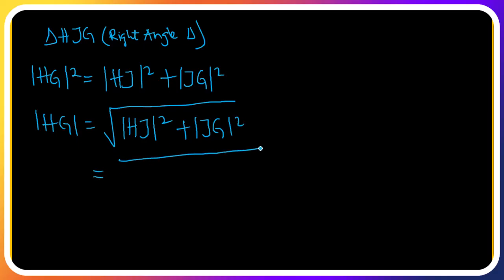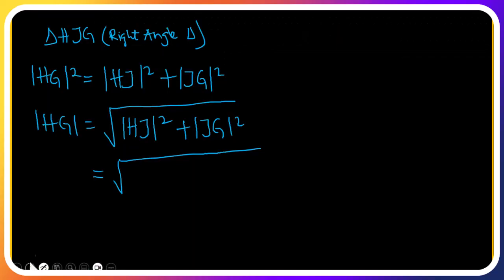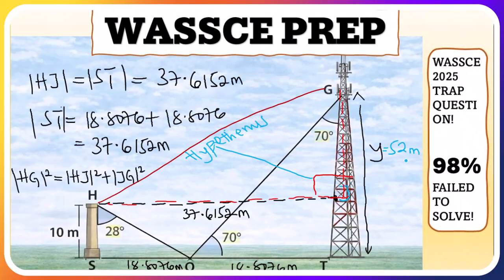The square root of HJ squared. HJ has been calculated as 37.6152 meters, so 37.6152 meters squared, plus JG squared. JG from the diagram is also given to us.